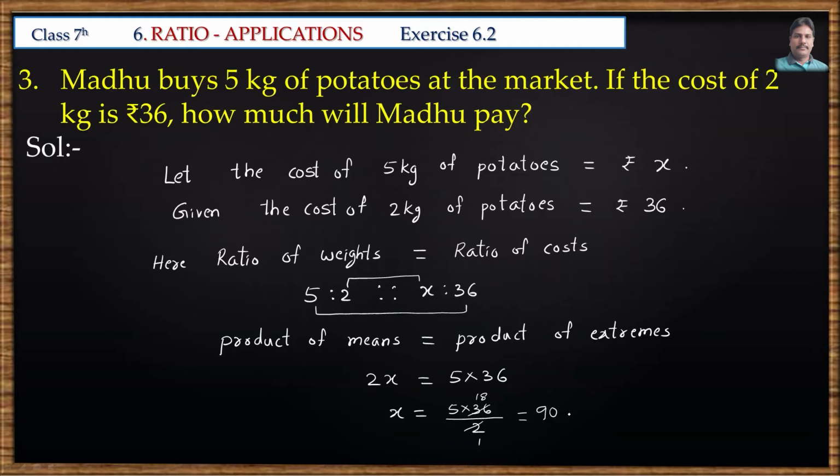X value is 90. So therefore, the cost of 5 kg potatoes is equal to rupees 90.